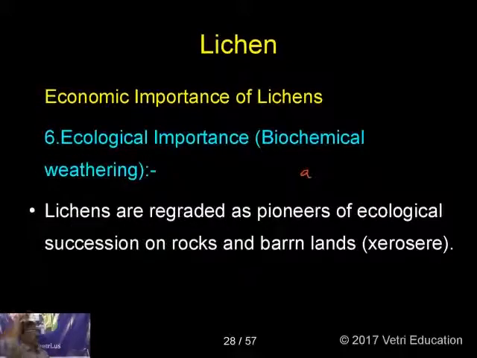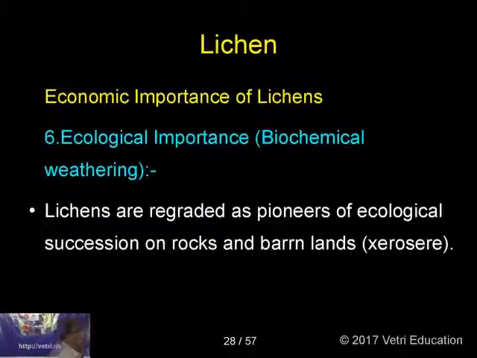Regarding the ecological importance, there is another important thing, biological weathering. Biological weathering means the soil is prepared biologically, bringing changes in the environment. Lichens are regarded as pioneers of ecological succession on rocks and barren lands.